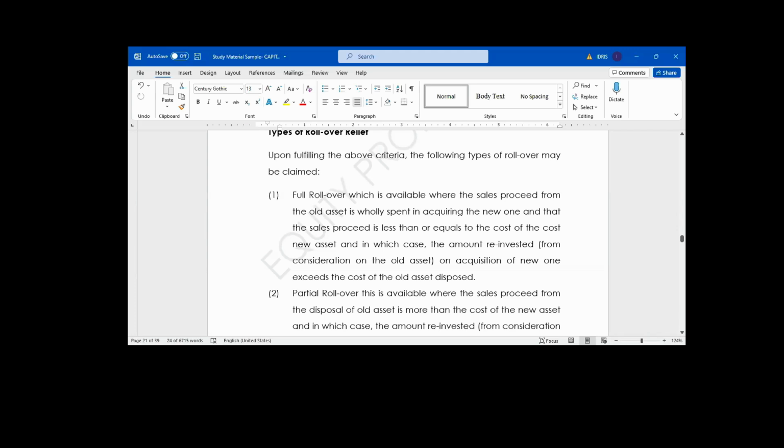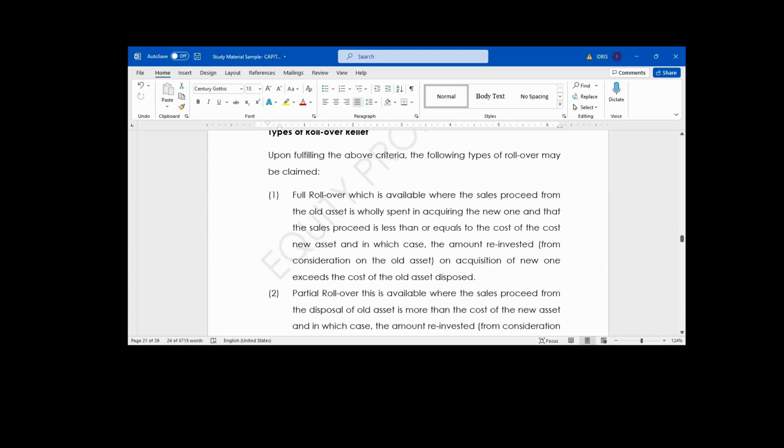In full rollover, it arises when the amount you reinvested in the purchase of new assets is higher than the sales proceeds of the old assets and the cost of acquisition of the old assets.